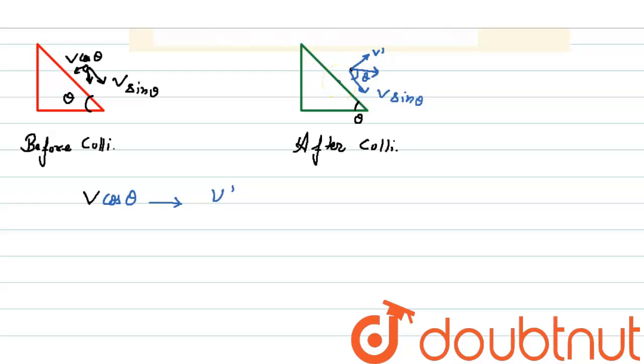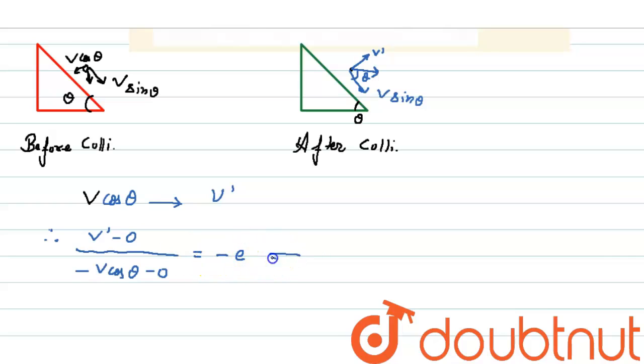Now, after the collision, v cos theta becomes v dash. Therefore (v dash minus 0) by (minus v cos theta minus 0) is equal to minus e.